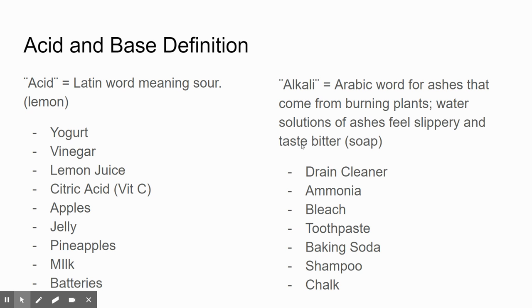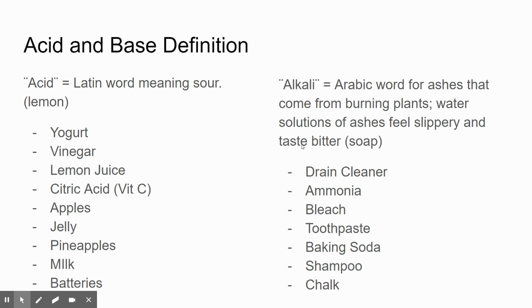Then they realized they were burning bodies further downstream, and as the ash got into the river, it would react with the oil and dirt in the clothes to produce soap.